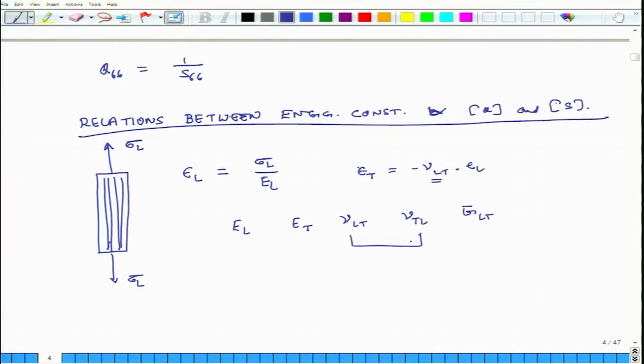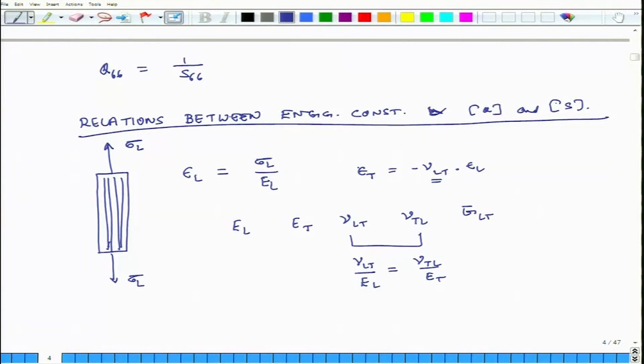Both of them are not independent of each other, because we have shown that nu LT divided by EL equals nu TL divided by ET. So ultimately there are only 4 independent constants.